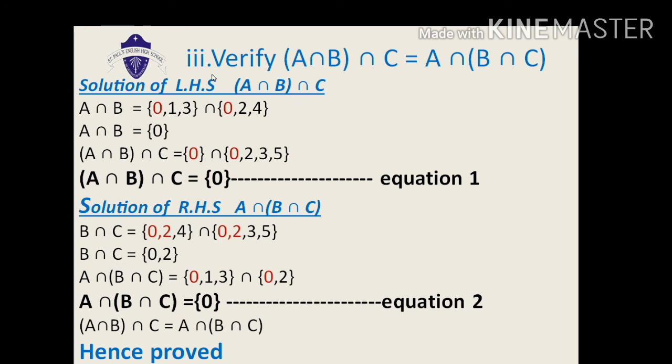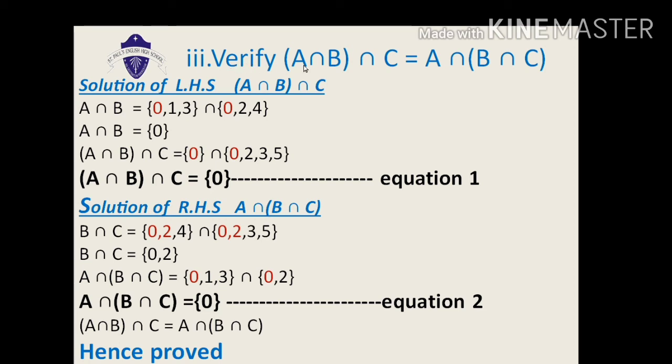Now in the third step, to verify (A ∩ B) ∩ C = A ∩ (B ∩ C). To solve this statement, you should have knowledge about some important points about the left hand side and right hand side.